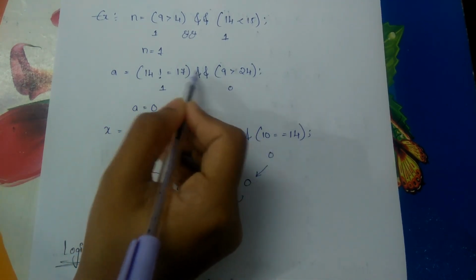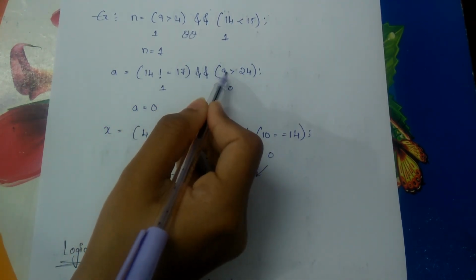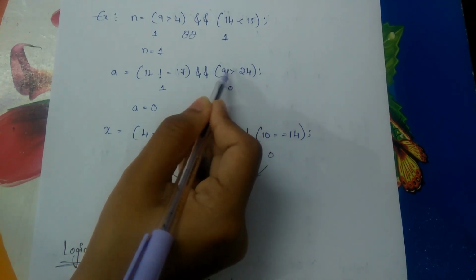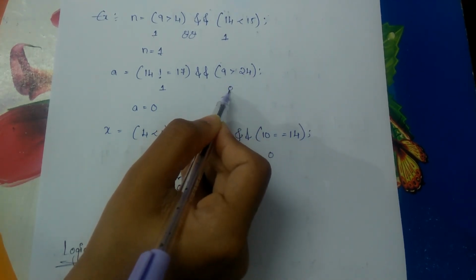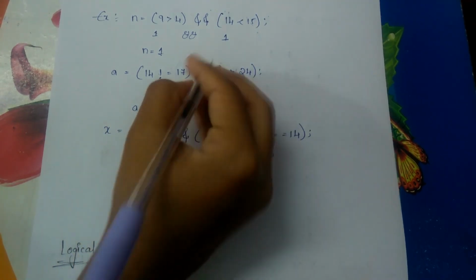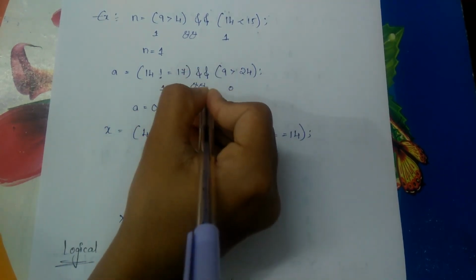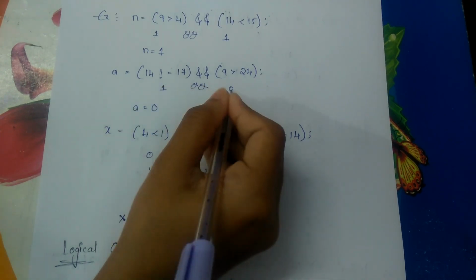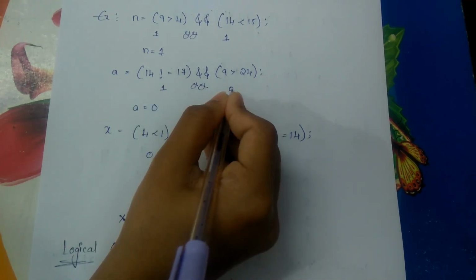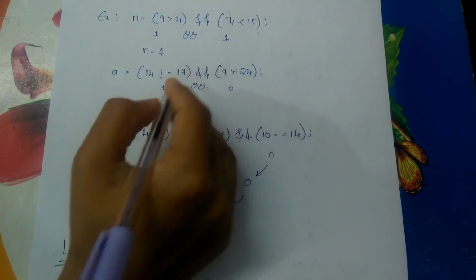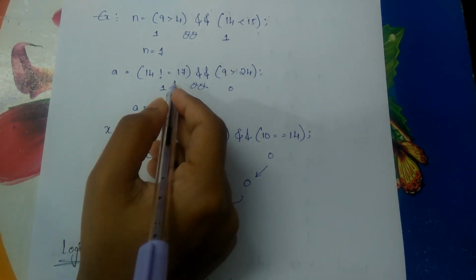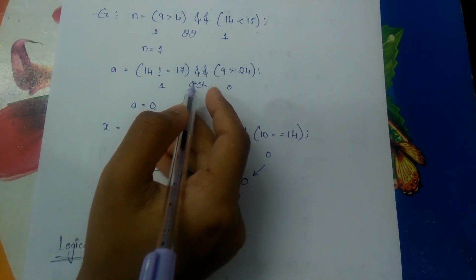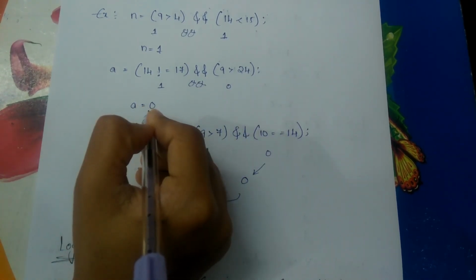Next, we are performing the logical AND with 9 greater than 24. 9 is not greater than 24, the statement is false, so it returns 0. If one statement returns 0, then finally it also returns 0. In the previous slide we saw 1 0 is 0. So finally a equals 0.